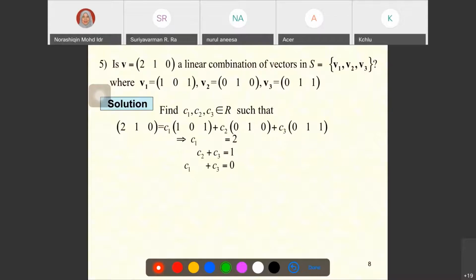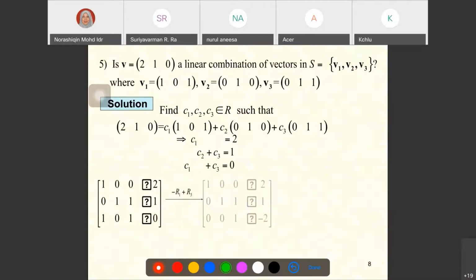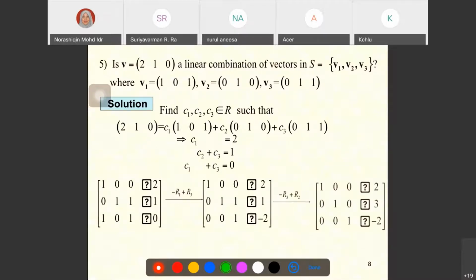Okay, so here, you can just use back substitution, right? Or if you want to use the Gaussian elimination, that's fine. Tapi tak perlu, saya rasa. Right. You get here C1 equal to 2. Here you get C3.